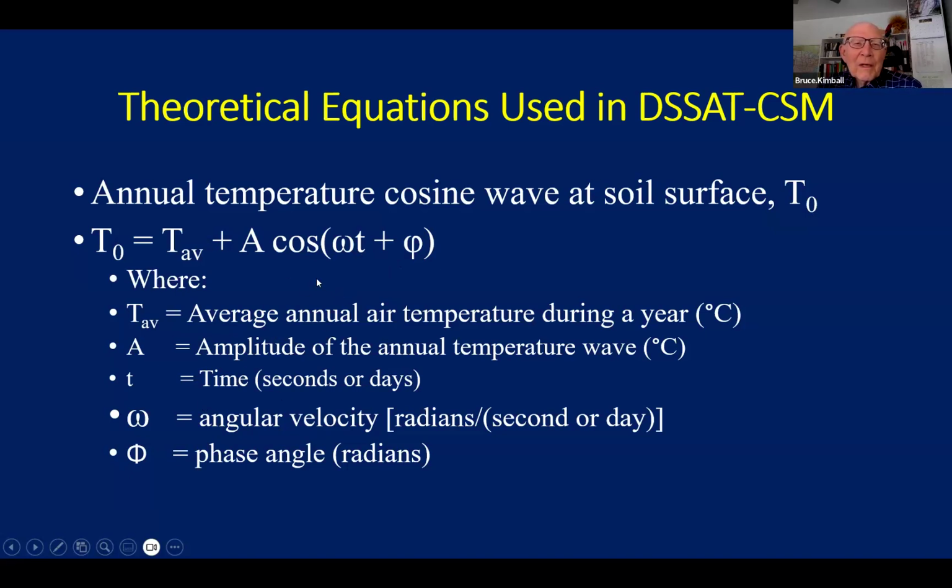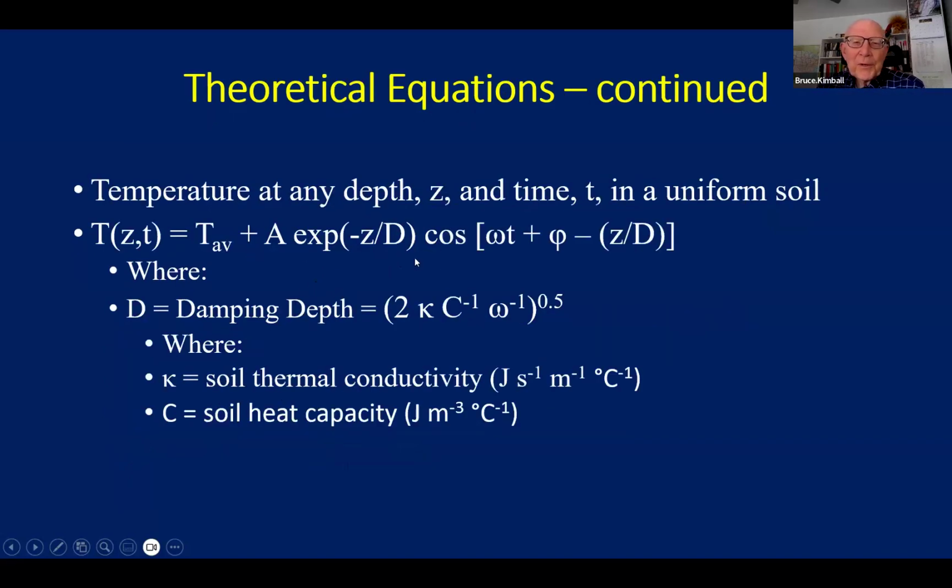Now, if you are pretty good at math, from that, if you've got a uniform soil, you can calculate the temperature at any depth, Z, and time afterwards, and it follows this equation here. It's really a pretty cool equation. The temperature exponentially decays with depth, and it gets lagged by this amount.